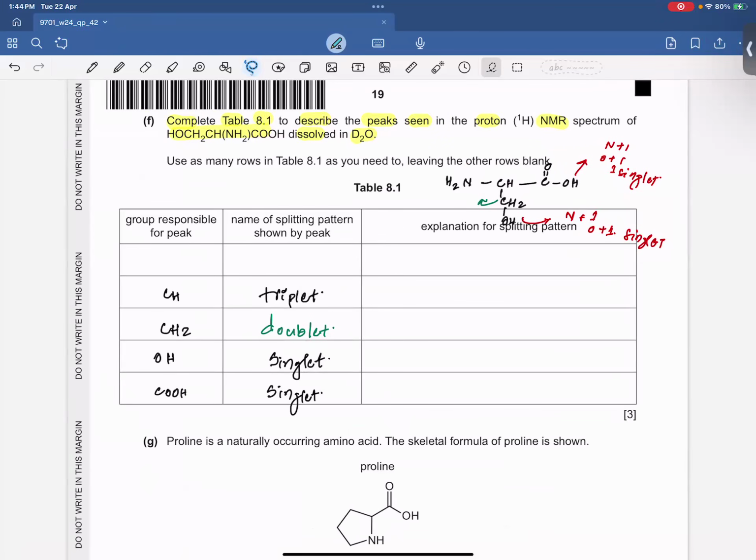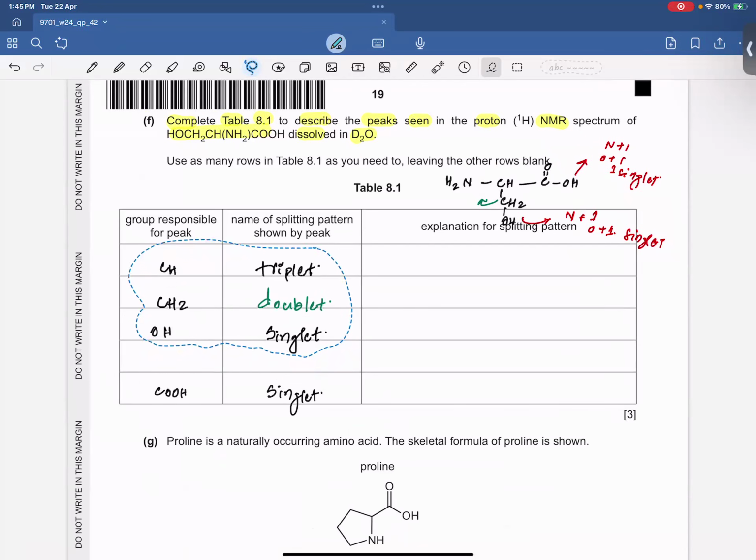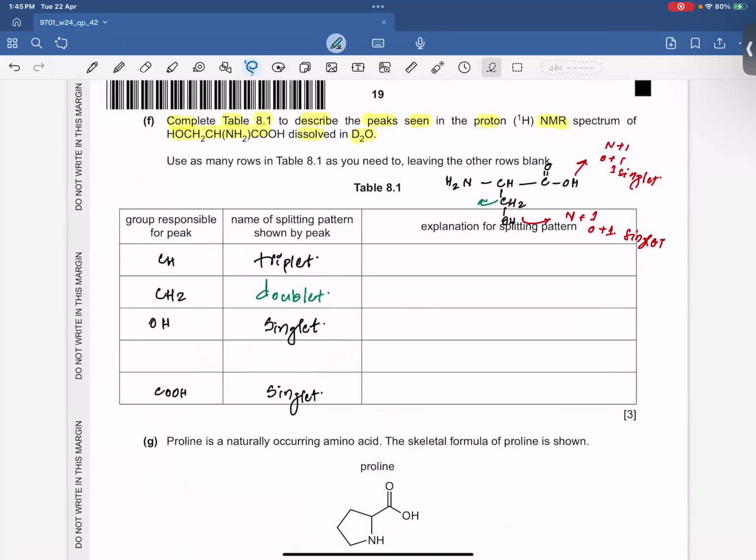Oh my goodness, that's a very different sort of question, without giving any, this is NH2, and again it is singlet.